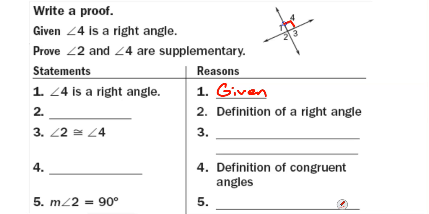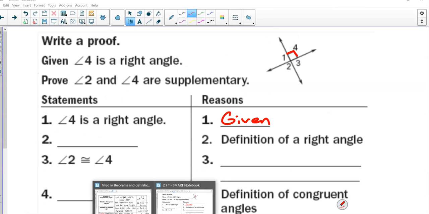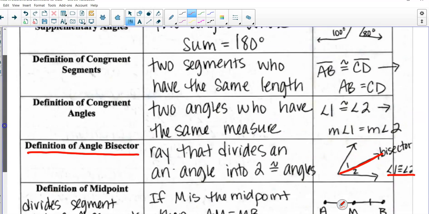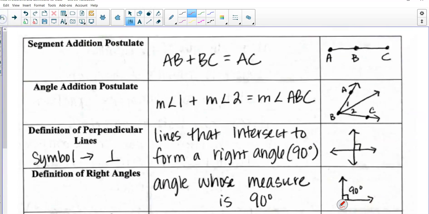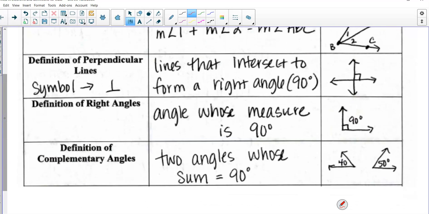Then number 2, we have a blank on our statement side, but our reason is definition of a right angle. So if I look at the definition of a right angle, it is an angle whose measure is 90 degrees.